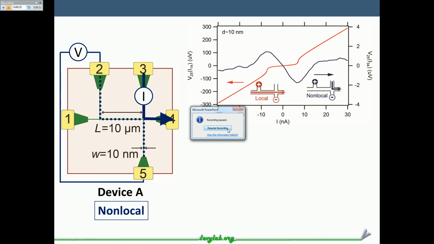Yeah, you could estimate the size, right? Okay, so are all of your non-local measurements ones where the voltage leads are touching the current path? No. So maybe this is not the one to start with.